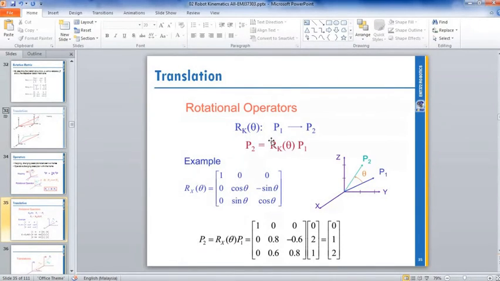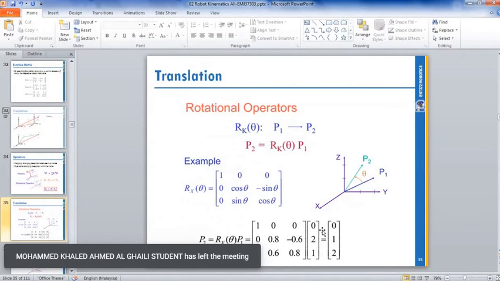So this one is the rotation, and this is P2, the point 2 that you want to find. This is the current point, the current position. Your current position multiplied by your rotation gives you a new position. This is your current position, X, Y, Z. X is 0, no value.